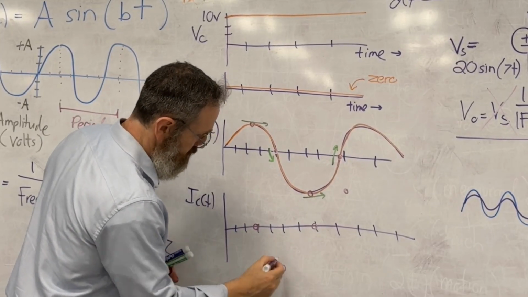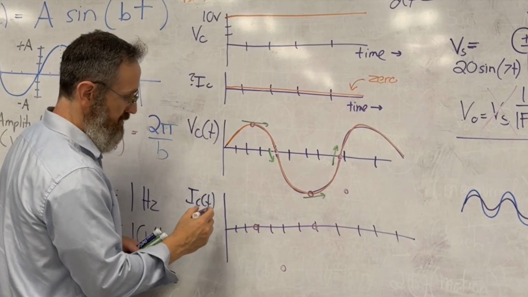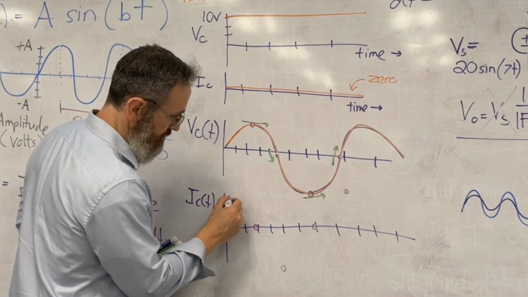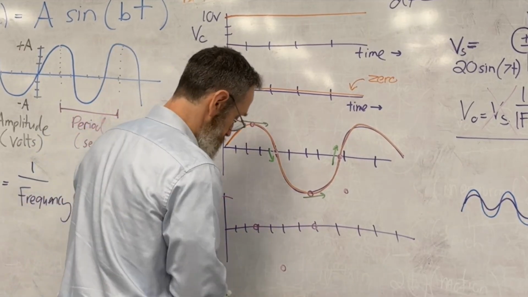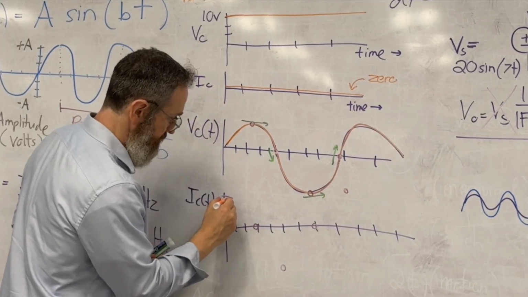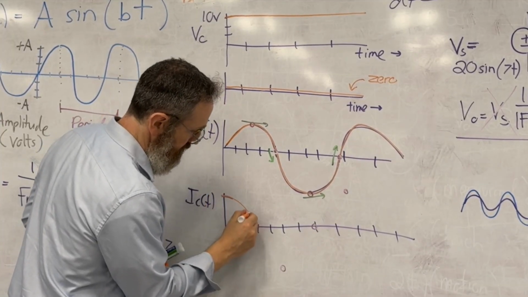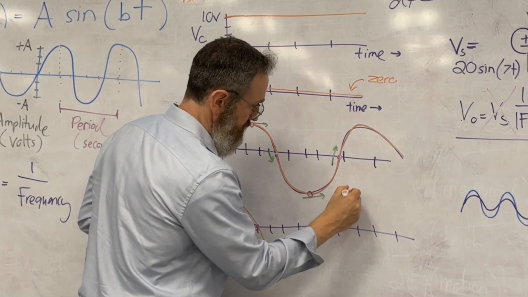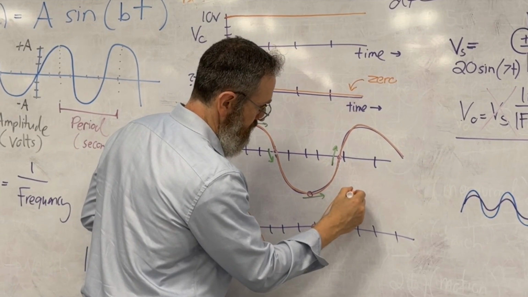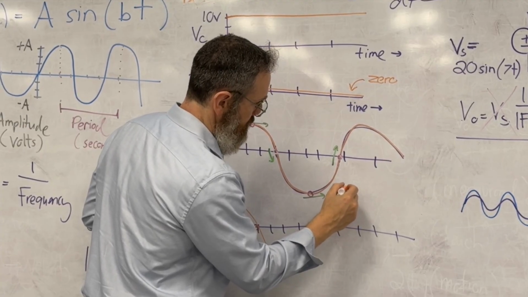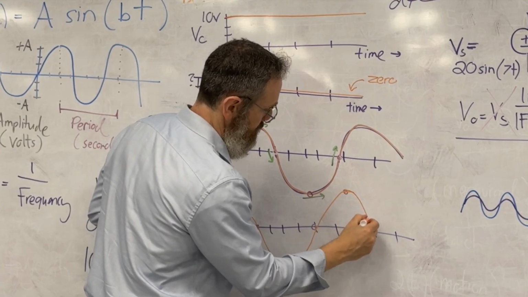And if you were to connect these lines together, you would see in orange the outcome. Here's 0. There it drops down again.